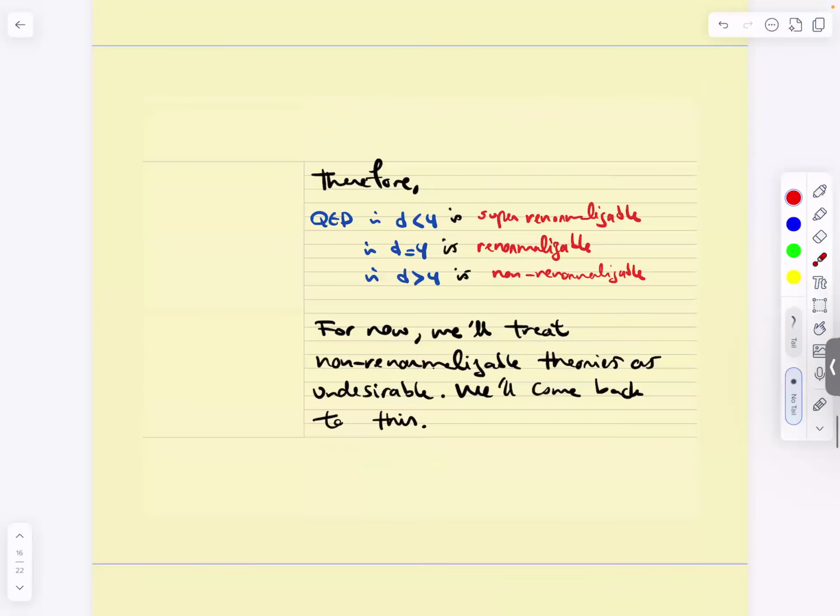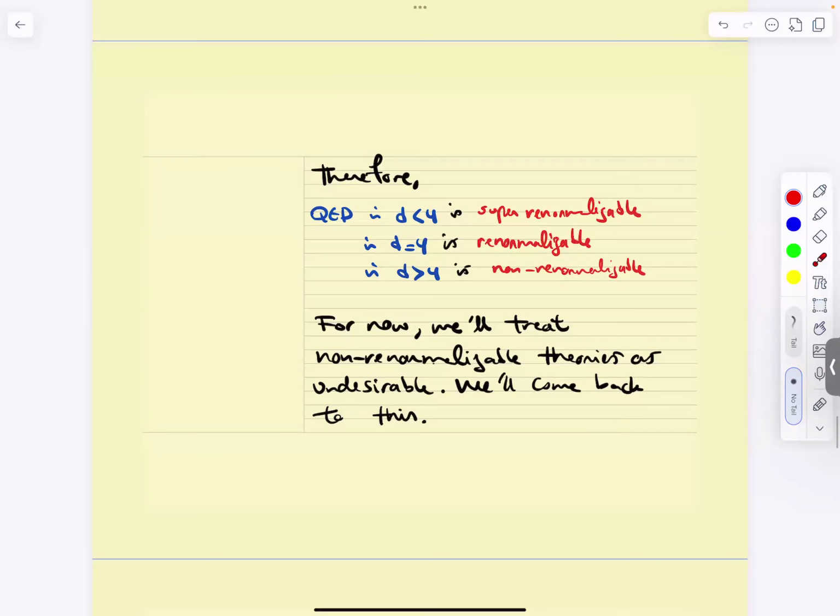Now, in the remainder of the lecture, we're going to try to generalize the lessons that we learned from this example of QED and abstract out the lesson in a form that could be easily generalized to other theories, whatever they may be. So in summary, QED in less than 4 space-time dimensions is super-renormalizable, d equal 4 is renormalizable, and d larger than 4 is non-renormalizable.